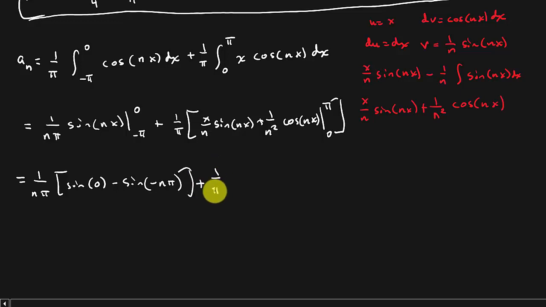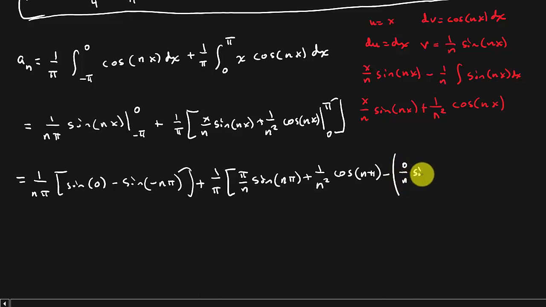And then plus 1 over pi times, plug the pi in, that's pi over n times sine of n pi, plus 1 over n squared times cosine n pi, minus, and now we got to plug the 0 in. So that's going to be 0 over n sine 0 plus 1 over n squared cosine 0.